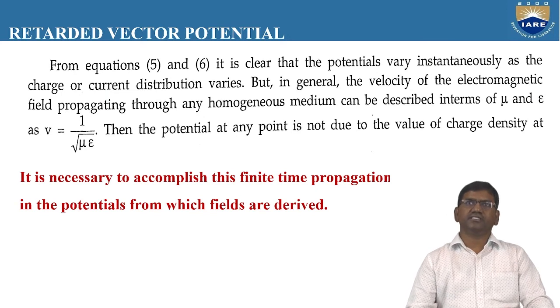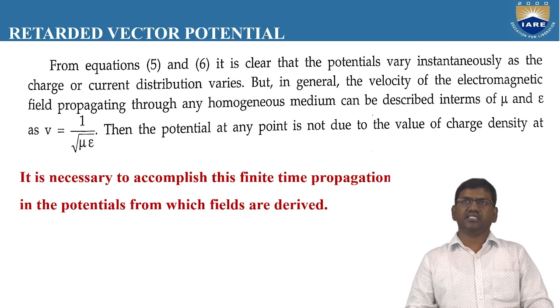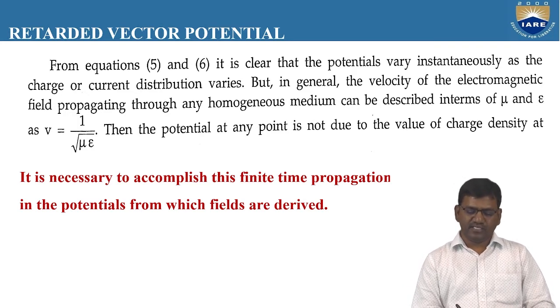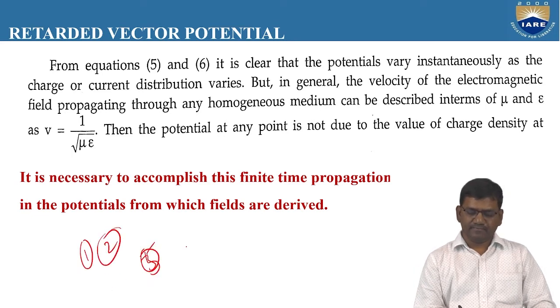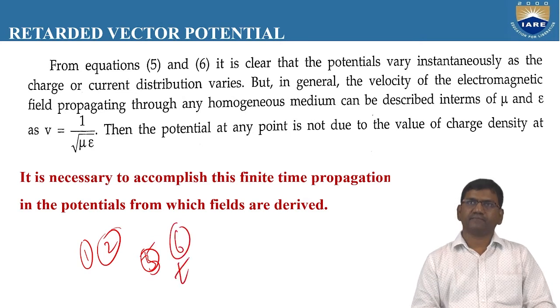From equations 5 and 6, it is clear that the potentials vary instantaneously as the charge and current distribution varies. So we have represented the first two equations without time, and the next equations 5 and 6 with respect to time.